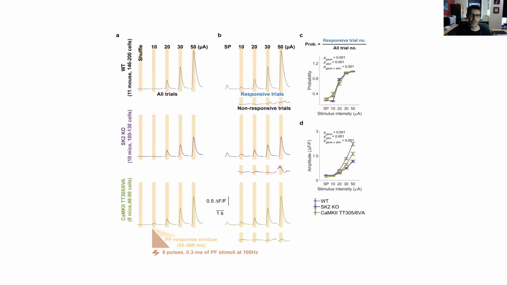And now, to make sure we are catching the parallel fiber input, we are increasing the parallel fiber activation intensity. We are getting linear increases instead of all or none. So it's really the parallel fiber response. And in the mutants, it's the same thing. It's a linear increase. We are getting the parallel fiber response.